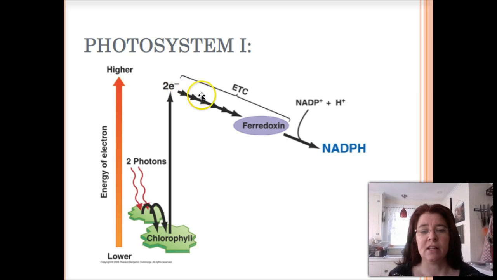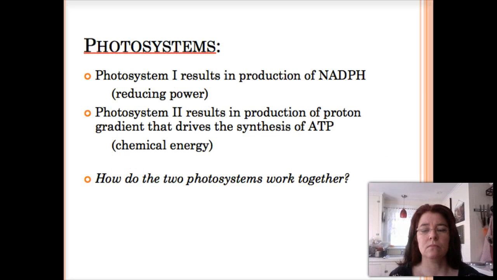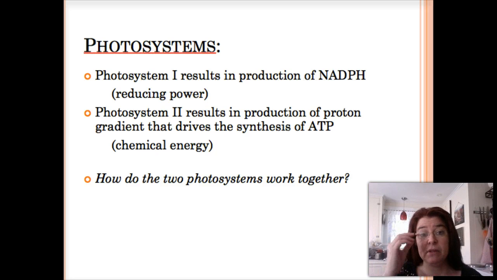They're passed into the electron transport chain, where they're used to reduce ferredoxin, and then used to produce NADPH. So photosystem 1 produces NADPH as its product.